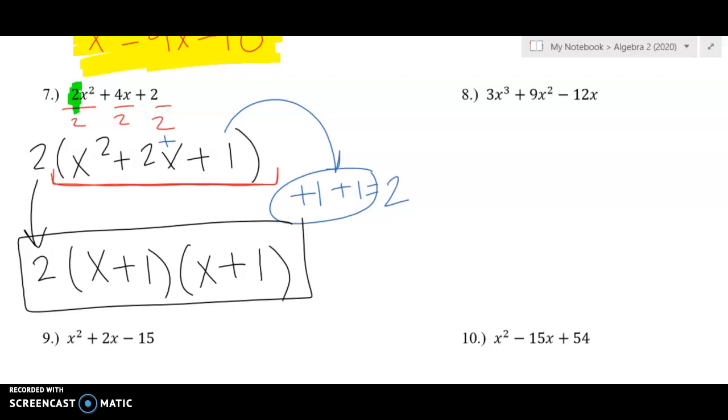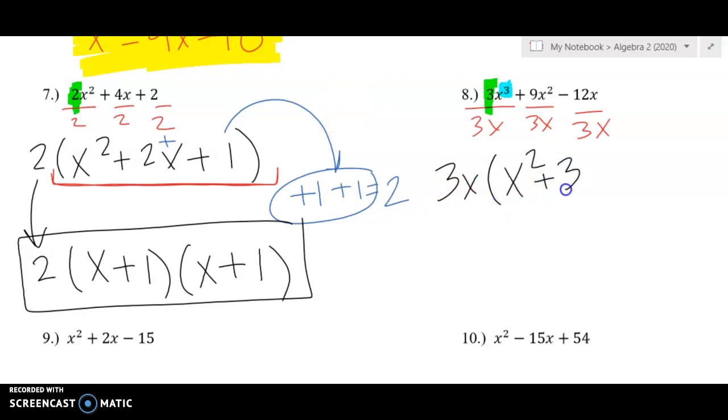Same thing for my next problem. I noticed that in the front it has a 3, and I also noticed that it has an exponent of 3. We want exponents of 2. So I'm going to do a couple things here. Take out a GCF. I'm going to be taking out a 3x from each piece here. That is going to leave me on the outside 3x, inside x squared plus 3x minus 4.